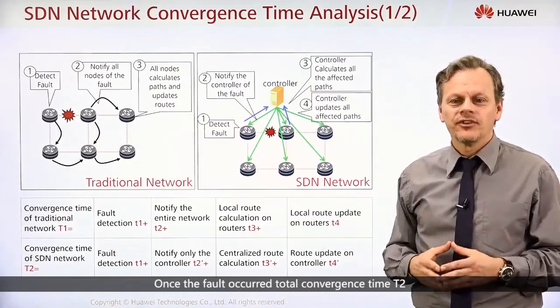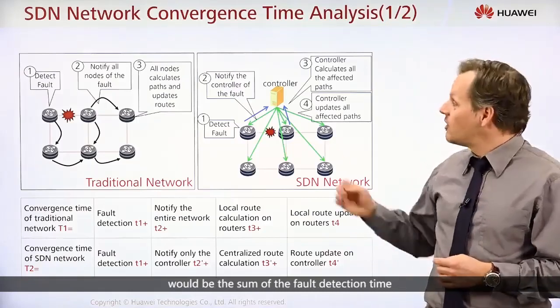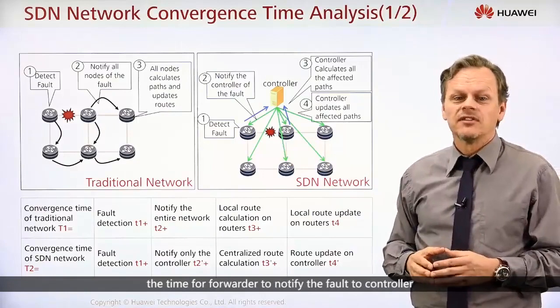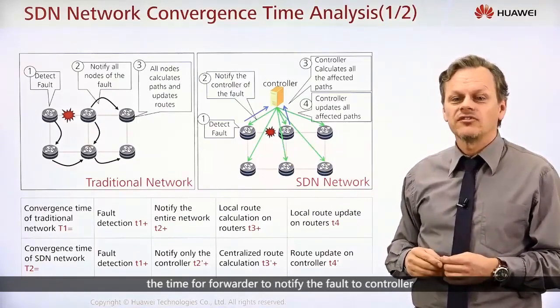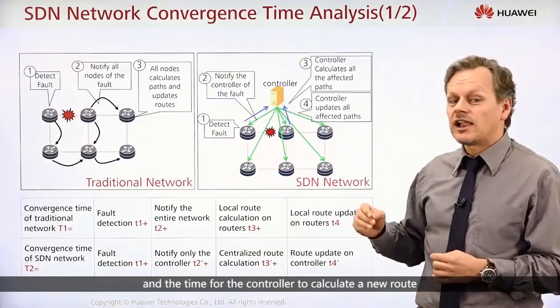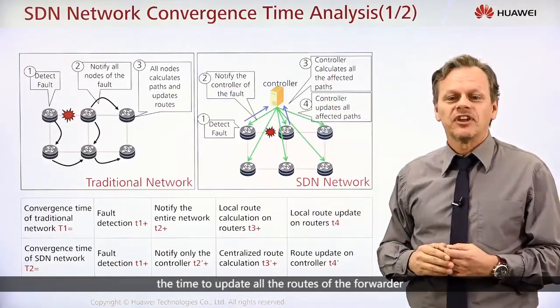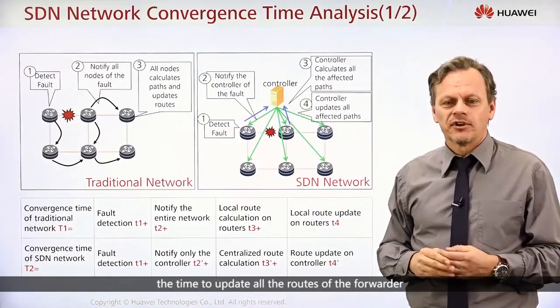Once the fault occurs, the total convergence time T2 would be the sum of the fault detection time, the time for a forwarder to notify the fault to the controller, and the time for the controller to calculate a new route, and the time to update all the routes of the forwarder.